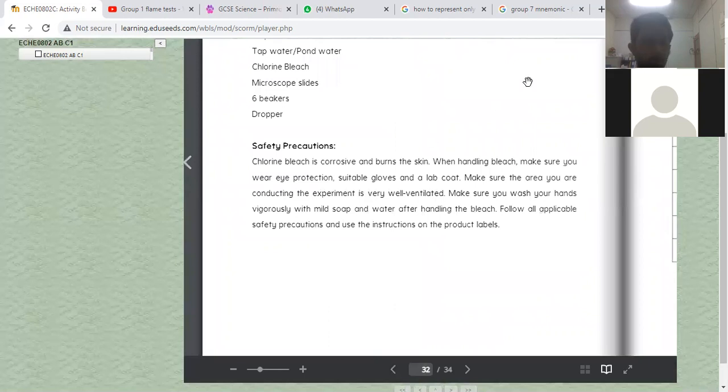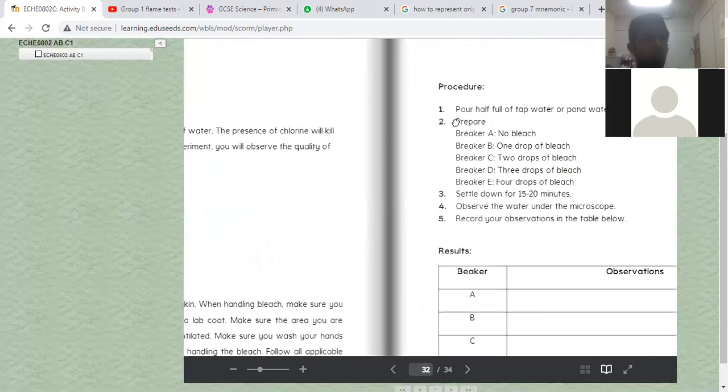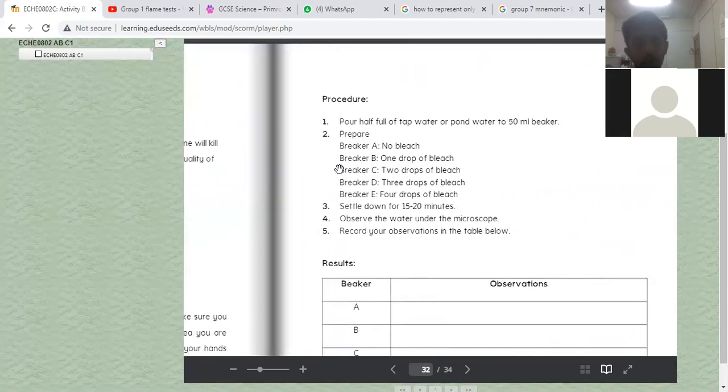This one you'll be using bleach. Like in your house, the bleach might be Clorox or Cocorex. Sometimes when you want to clean a white t-shirt stained with dirt, or your socks stained with dirt, you put a little bit of the bleach, it will help to clean it.